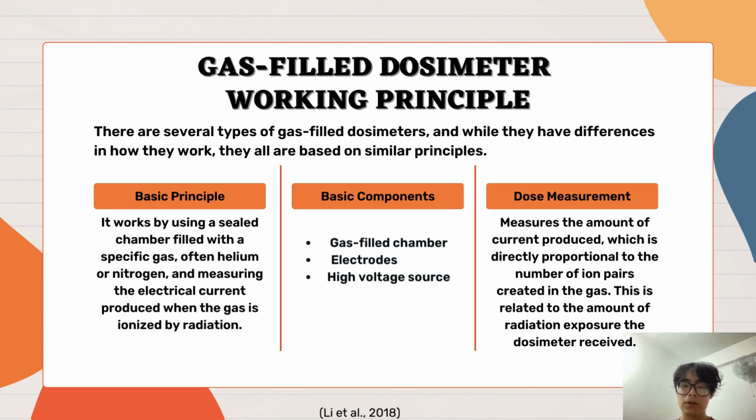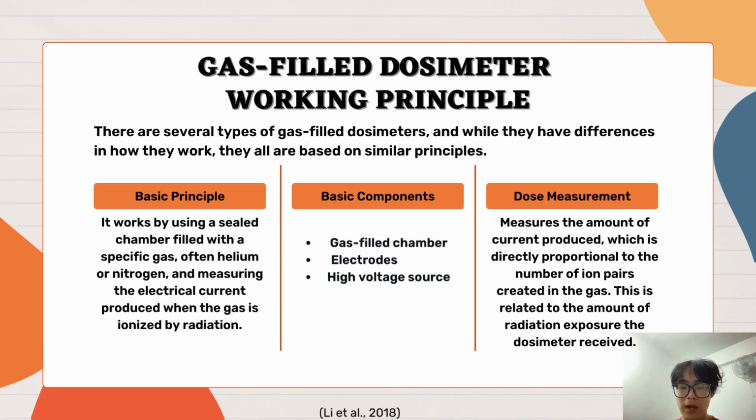In a gas-filled dosimeter, the basic components include a gas-filled chamber, electrodes, and a high-voltage source. The high-voltage source creates an electric field between the electrodes.